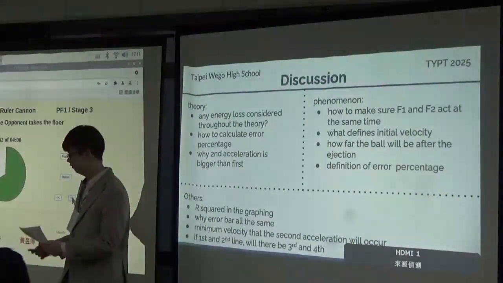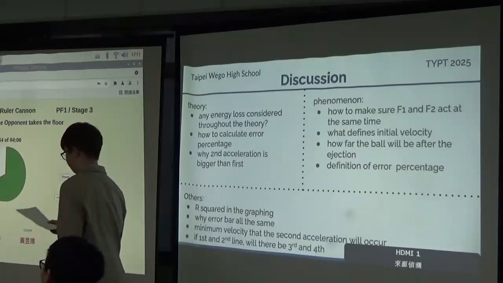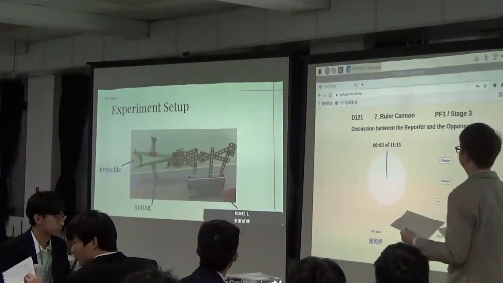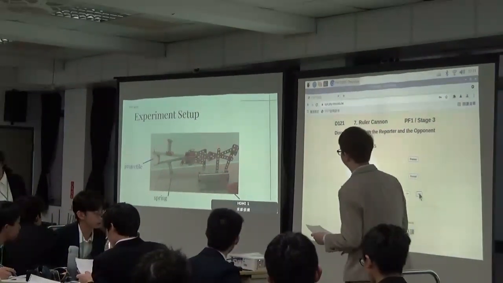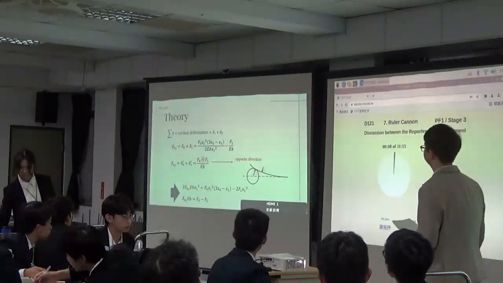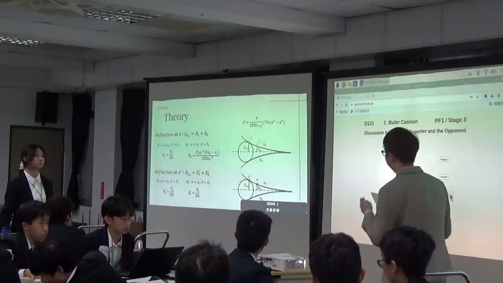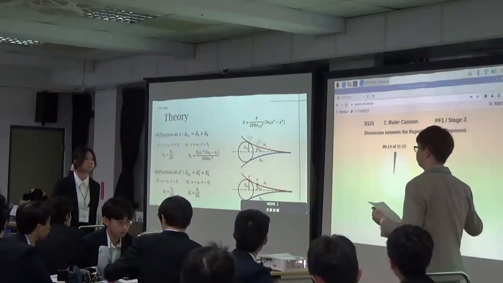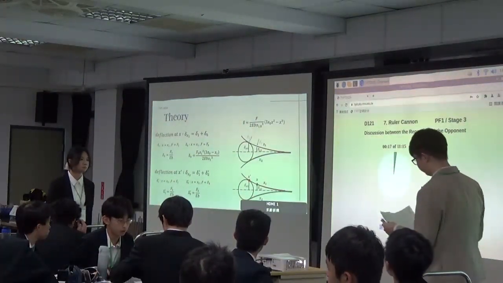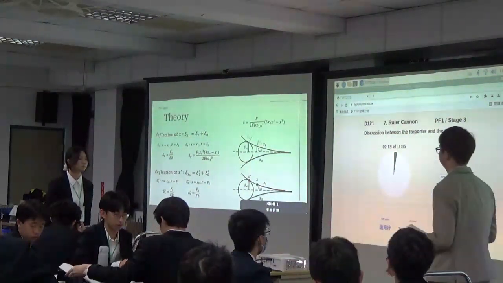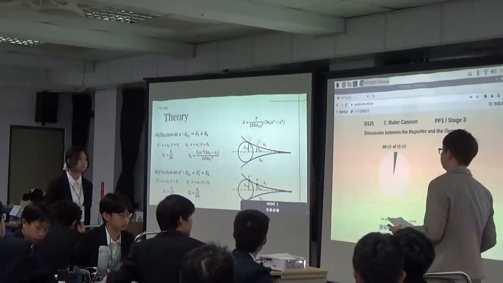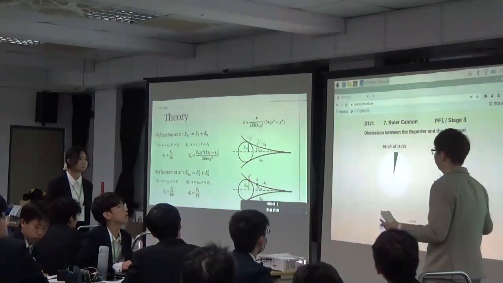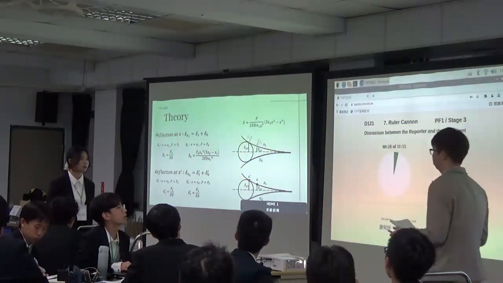So I would like to invite you to work. Okay, so we're talking about your theory. In this theory you propose, the force is supposed to be force at one point. So is the force in your experiment exerted at one point or another?